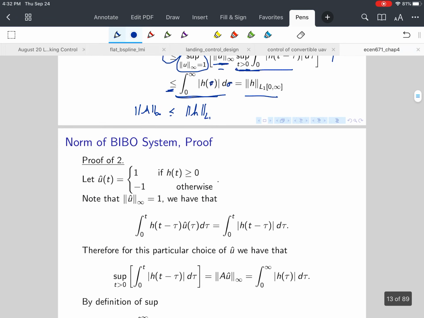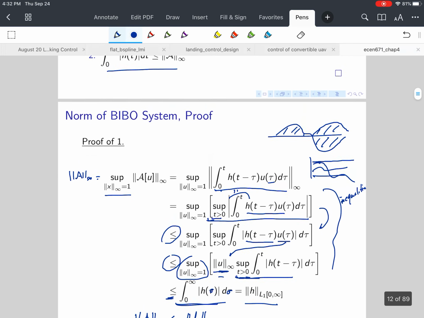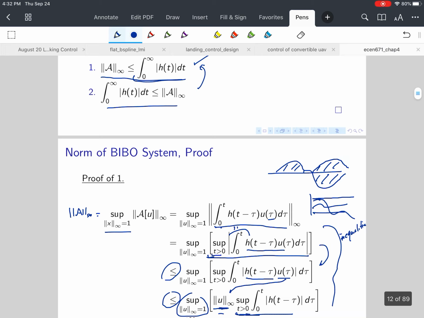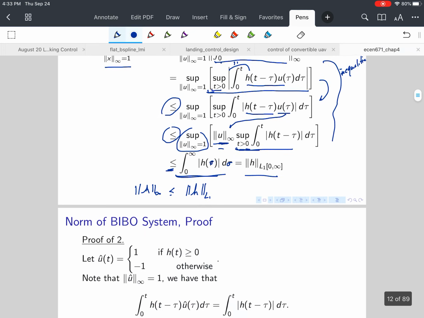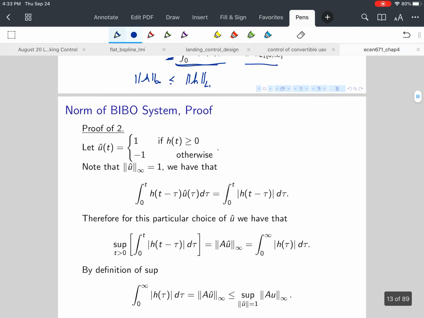All right, now what we want to do is show that the L1 norm of h is less than or equal to the norm of the operator. And we're going to do that by picking a particular u that has norm equal to 1. So let's pick a particular u hat that's going to be 1 when h of t is bigger than 0 and minus 1 otherwise.